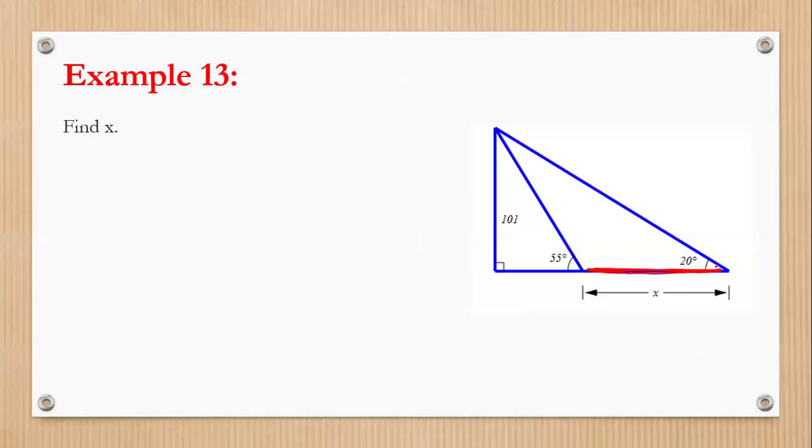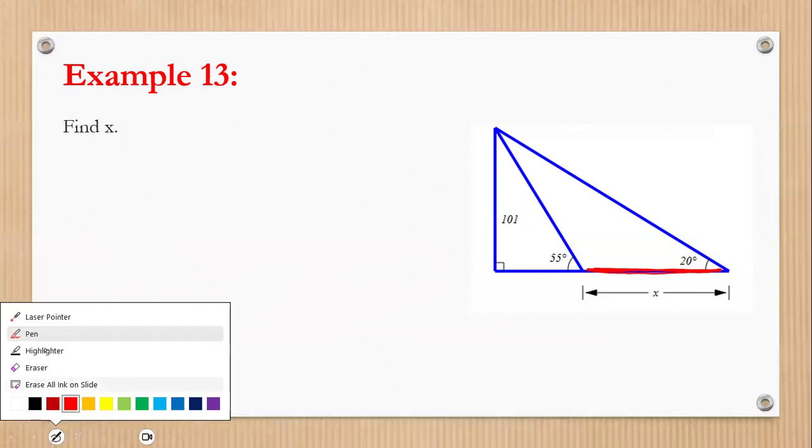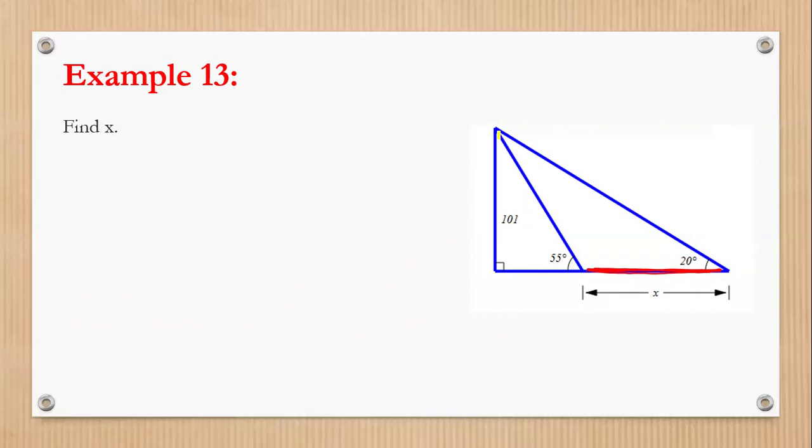If I look at this picture, I see two right triangles. This whole thing is a right triangle, right?